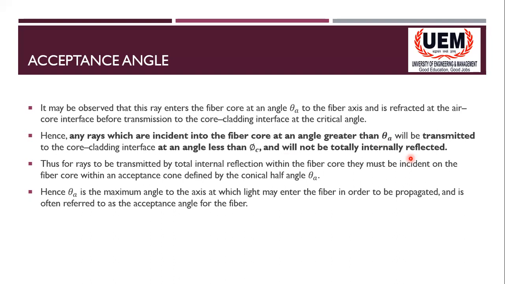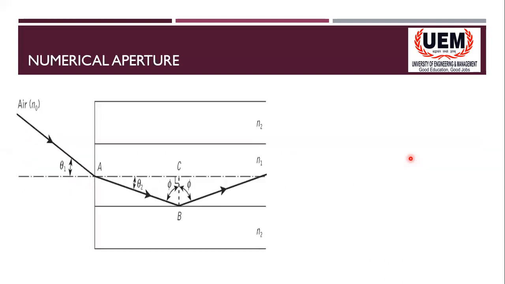So for any propagation through the fiber optic core, we must not send light at an angle greater than theta A.